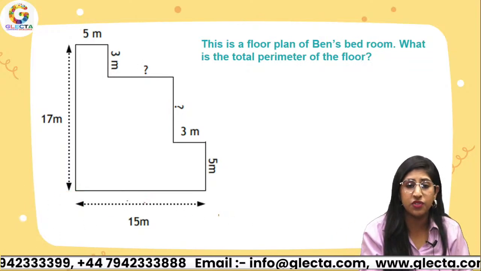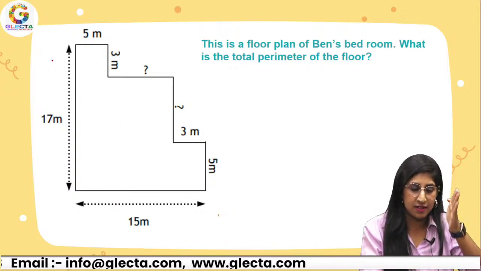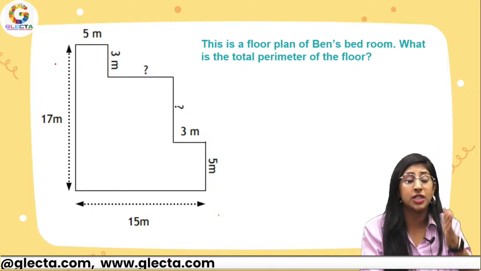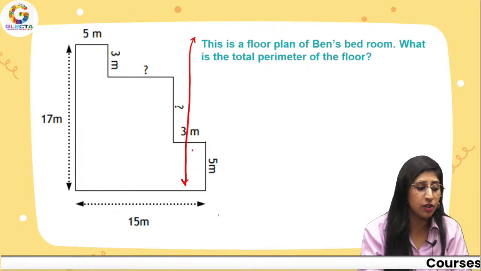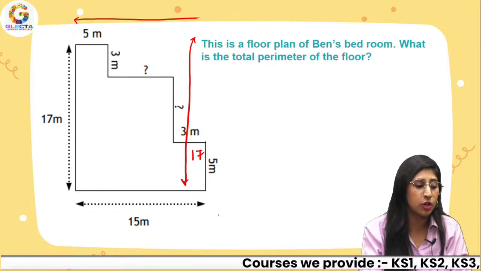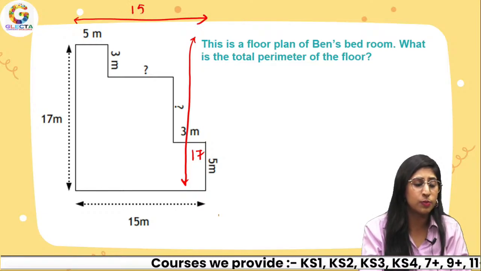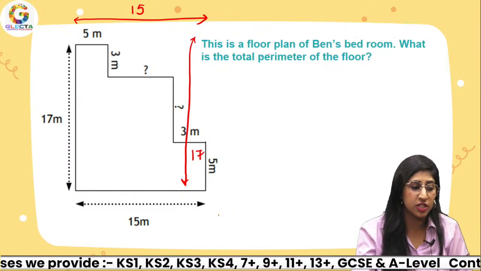Over here, this is 15, right? This horizontal length is 15 and the vertical length is 17. Ultimately, starting from here till the end over here, this will also be 17. For horizontal length, this is going to be the 15. If you keep adding them up, it's just going to be 15.